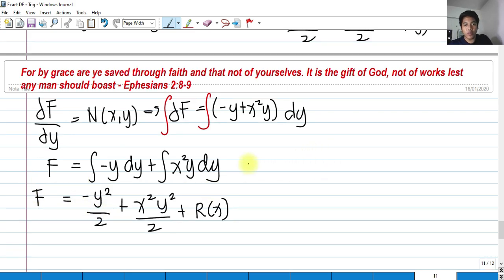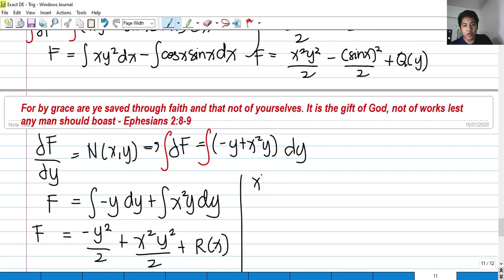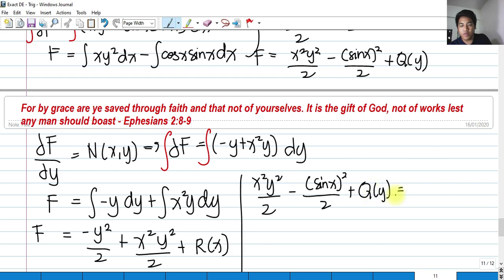So it's time to equate the two f. We have x squared y squared over 2 minus sine of x squared over 2 plus q of y, and that's equivalent to negative y squared over 2 plus x squared y squared over 2 plus r of x, to determine the q of y and our r of x. As you can see, this would cancel.